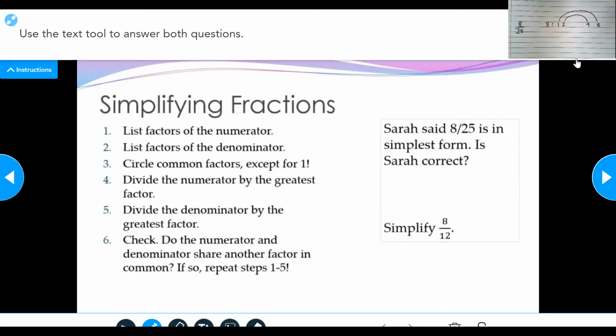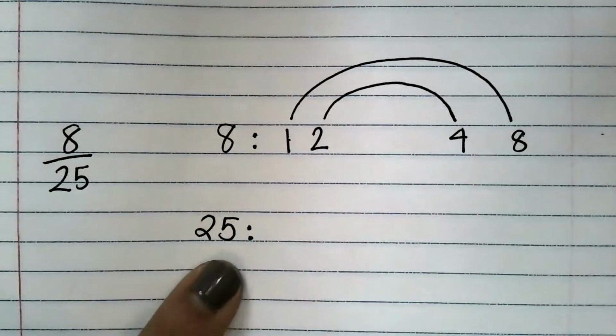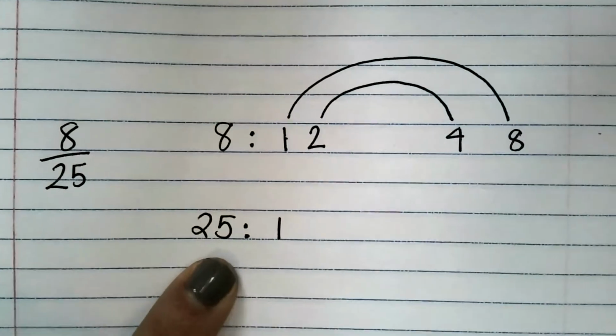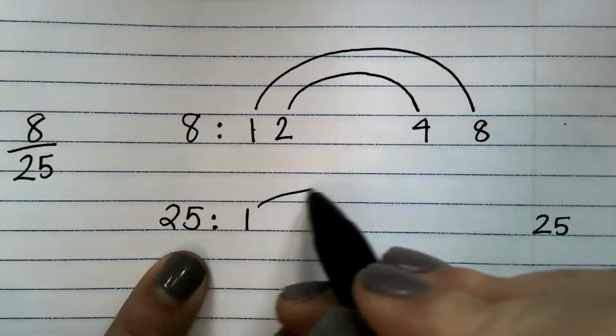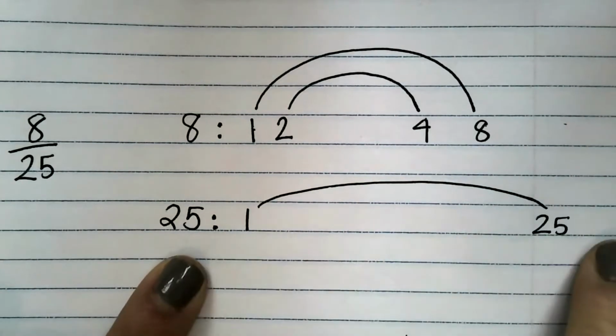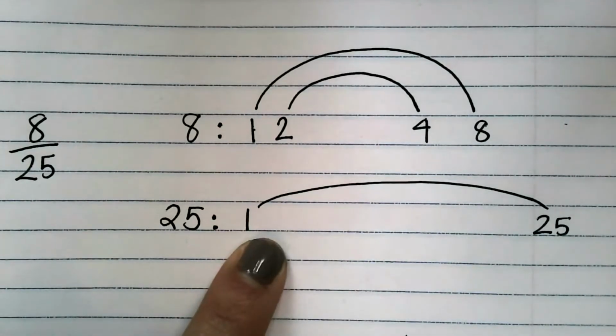All right, step 2, list factors of the denominator. Okay, factors of the denominator. So again, my factor rainbow, I'm going to do 1 and 25. Every number is divisible by 1 and itself. Is 25 divisible by 2?